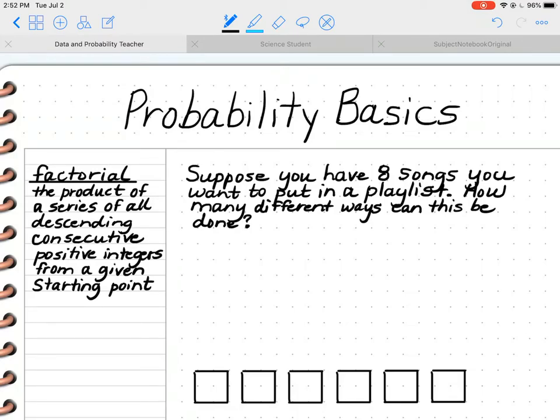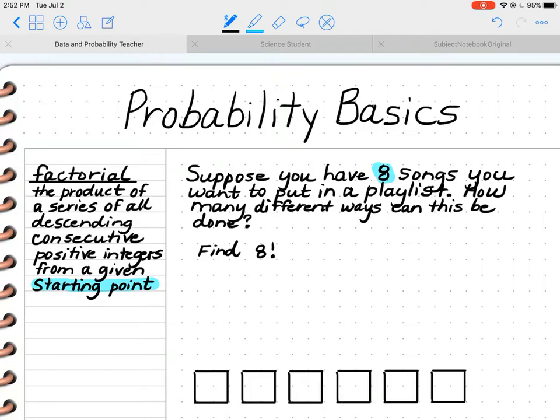Okay, here's the word problem. Suppose you have 8 songs you want to put in a playlist. How many different ways can this be done? First of all, our starting point is 8 because that's what they gave me in the problem.